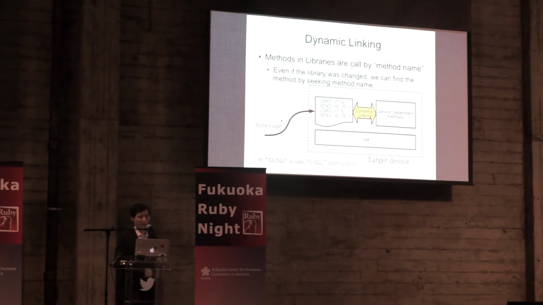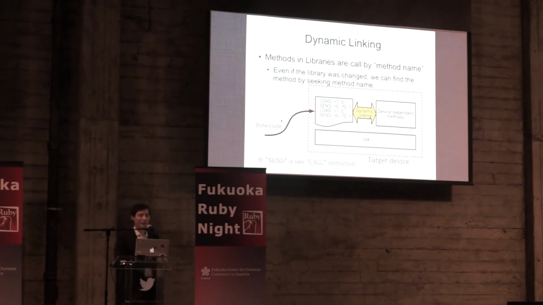So the mechanism is simple. In the dynamic linking mechanism, if Ruby calls some function, a Ruby function or sometimes a C function, the function name is searched in the libraries or Ruby bytecode, then the function entry point is checked, then called.